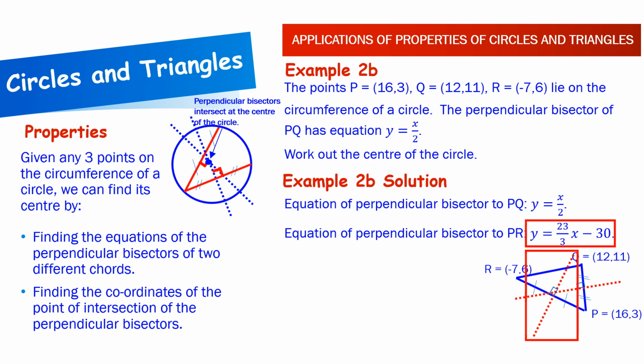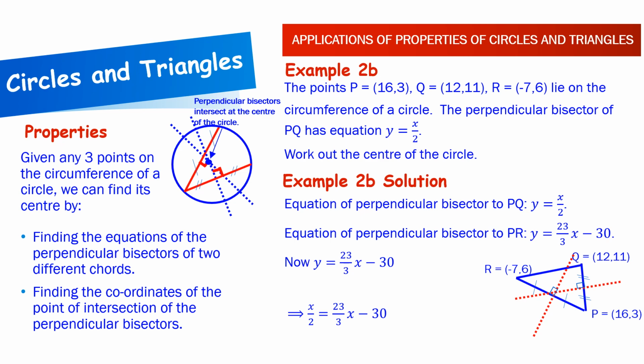This was found in part A. Now if we put these two equations equal to one another, we have that x over 2 equals 23 over 3x minus 30, as shown.